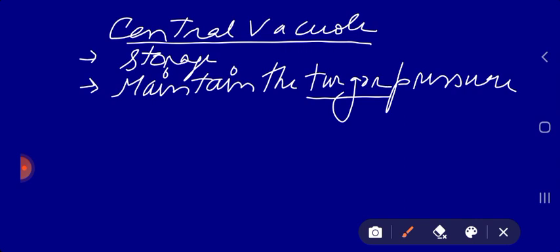Now the proteins which are found on the tonoplast. The tonoplast is the membrane which surrounds the central vacuole.